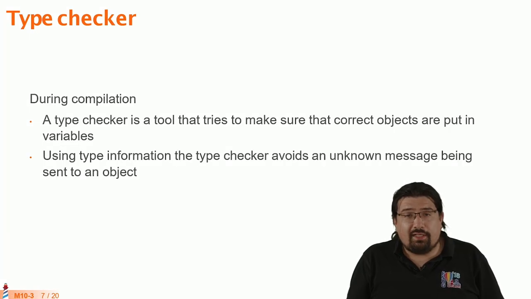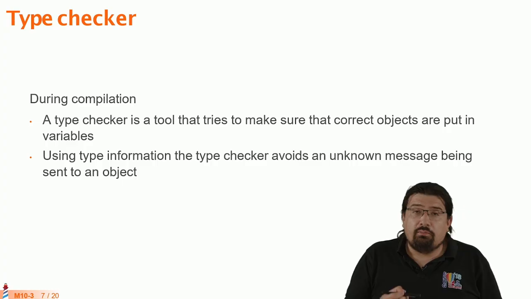What is a type checker? Some object-oriented languages like Java and C# have a type checker. Basically, a type checker is a tool that, at compilation time, before executing the program, checks whether all the uses of a variable are congruent with the objects that we are putting in it.